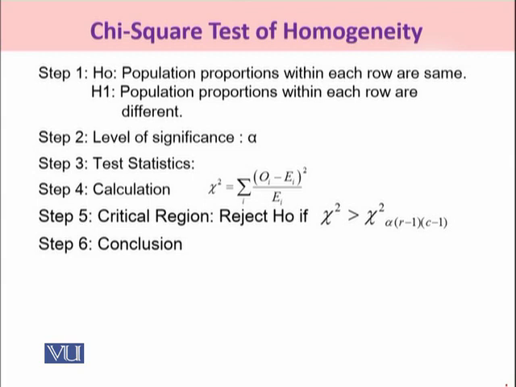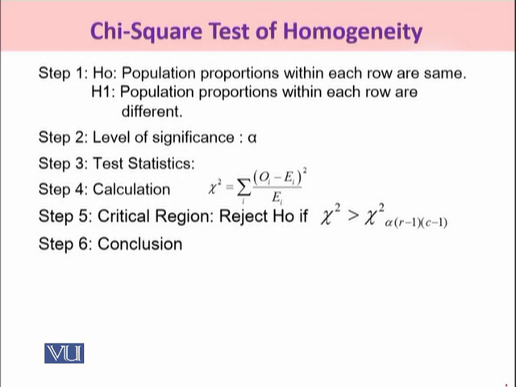H0 is stated as: population proportions within each row are the same or identical. Whereas H1, the alternative hypothesis, is stated as: population proportions within each row are not equal. That means they are different from each other.